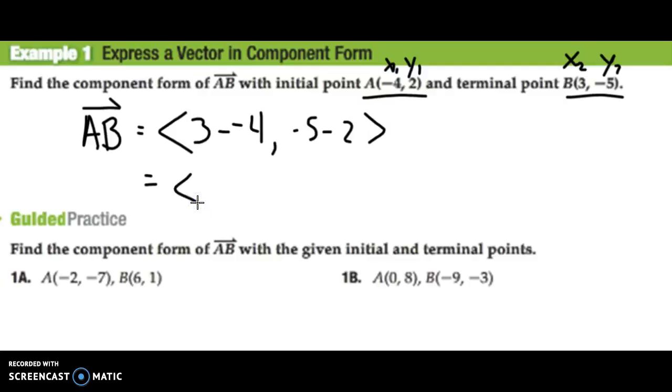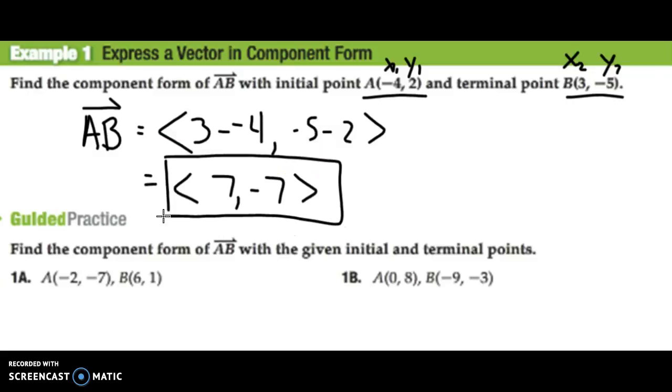Well, 3 minus -4 is 7, and -5 minus 2 is -7. So here is my component form of vector AB. You can try the same with guided practice A and B.